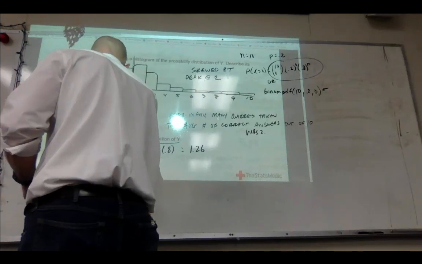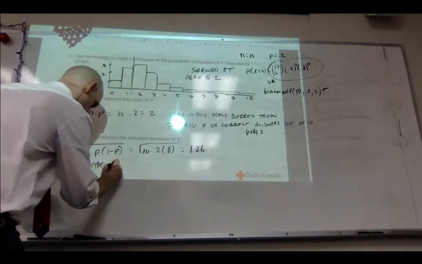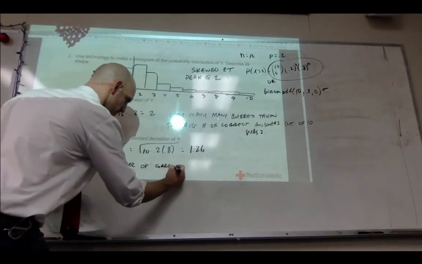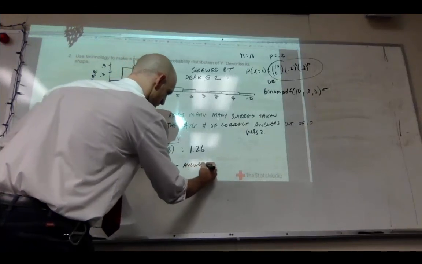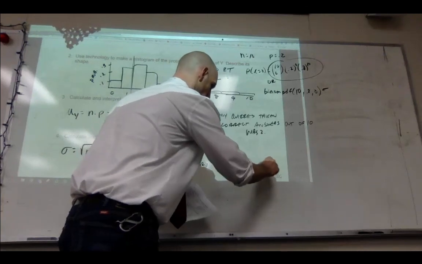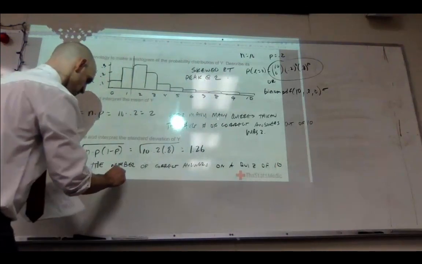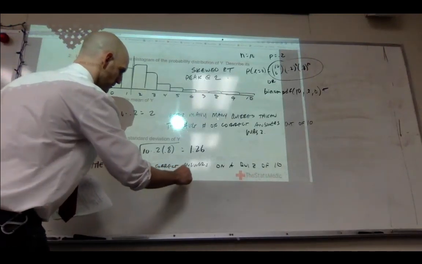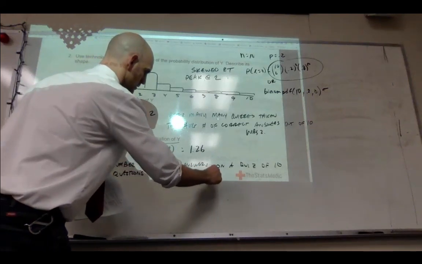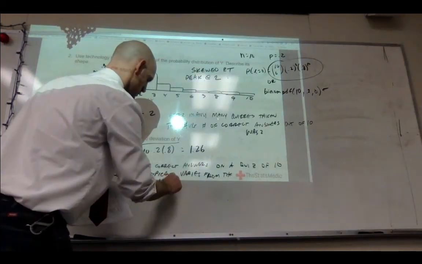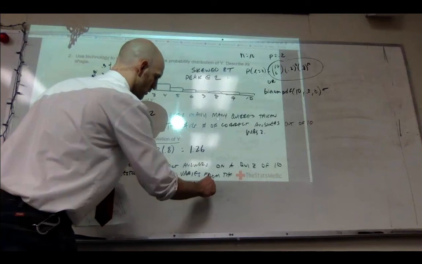So the number of correct answers on a quiz of 10 questions typically varies from the mean of 2 by 1.26.